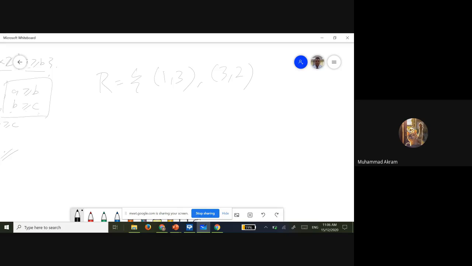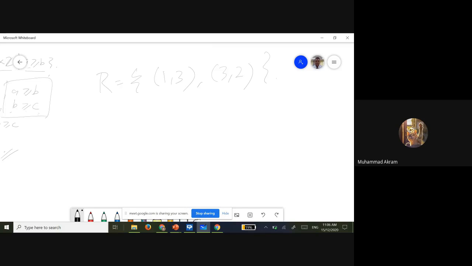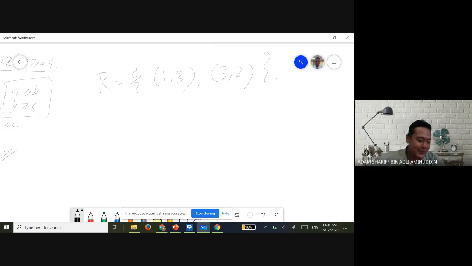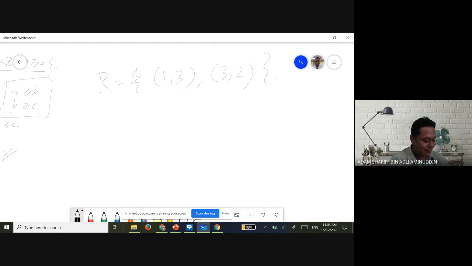Itu saja. Alright. Untuk soalan ni, kiranya transitif ke tidak ni? Tak. Tak, kenapa? Sebab AC tak ada kan sir? Betul. Alright. Soalan yang dinyatakan oleh sahabat kamu ni ialah kalau kita ada 1-3, 3-2 sahaja.